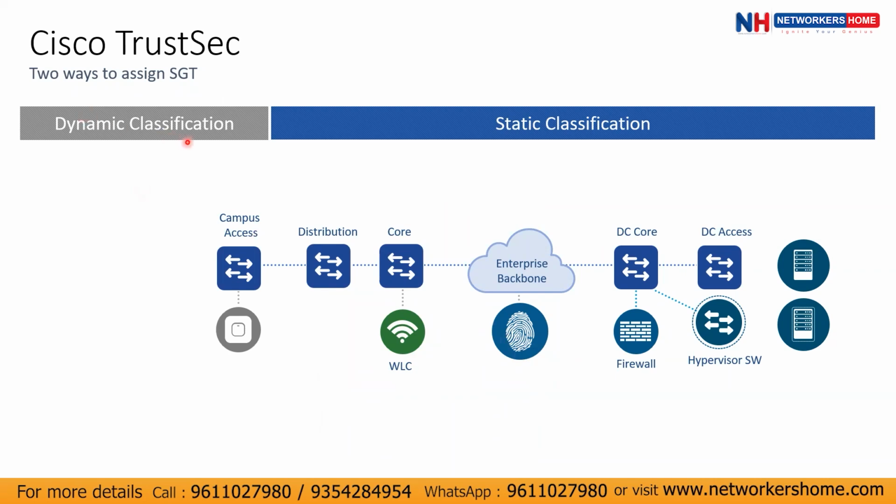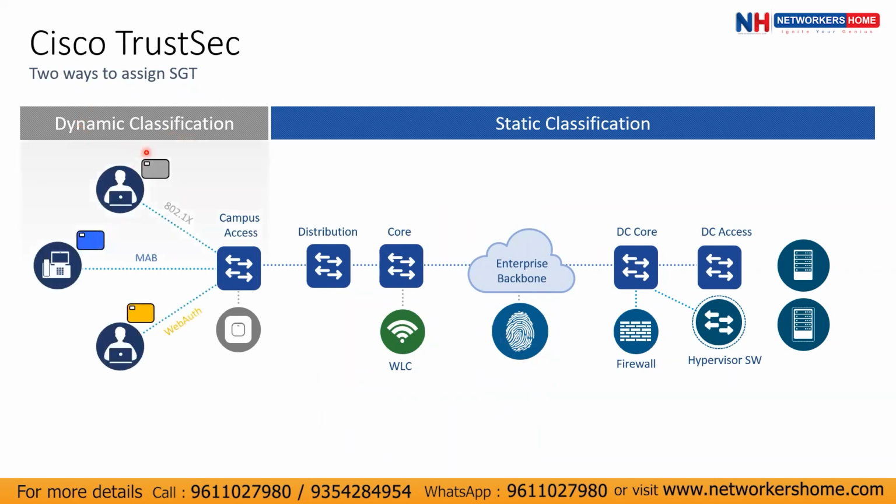So the classification is really important, and the general way of classification is dynamic, because based on the supplicant setting on the laptop or any of the device, the user needs to add its own credential, right?